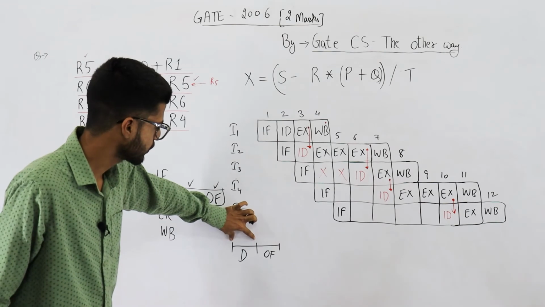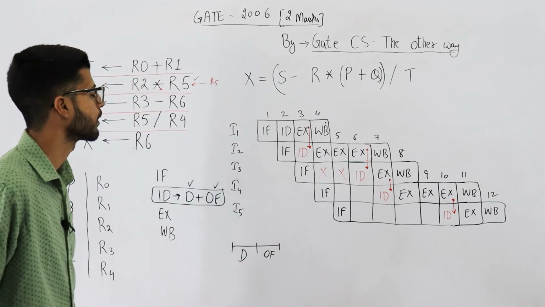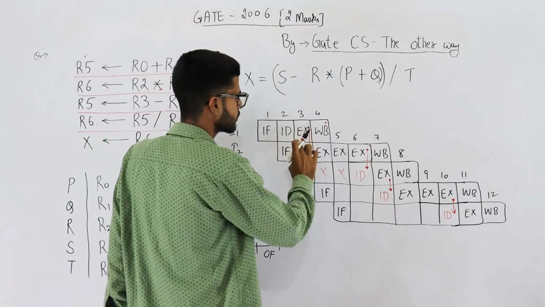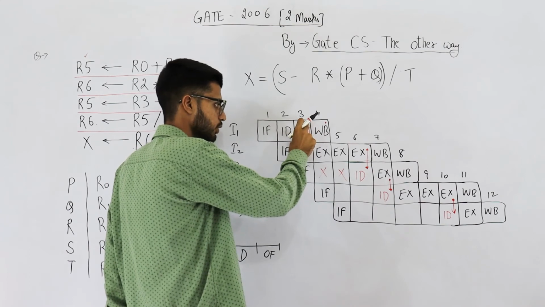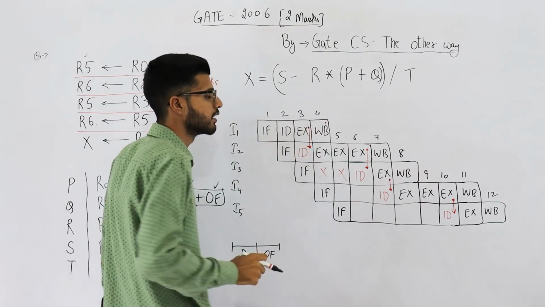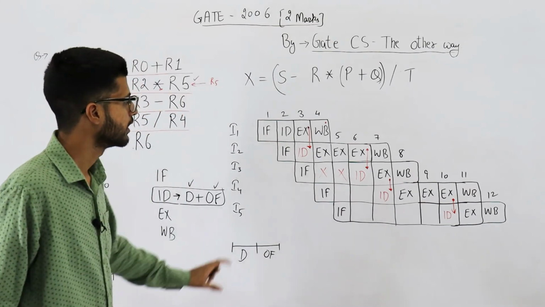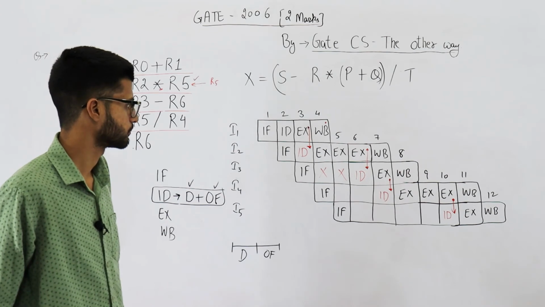So half a clock cycle for decode and half a clock cycle for operand fetch. And split phase is also something similar. In half of the clock cycle you are going to execute, and in the other half the operand will be forwarded to instruction decode. Okay, that's the hint given in the question that we need to use split phase.